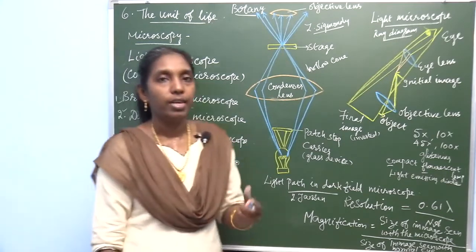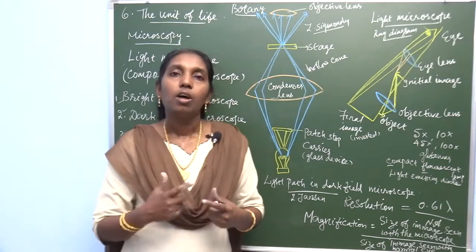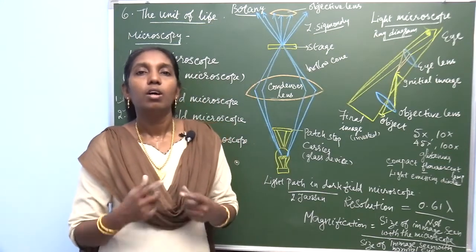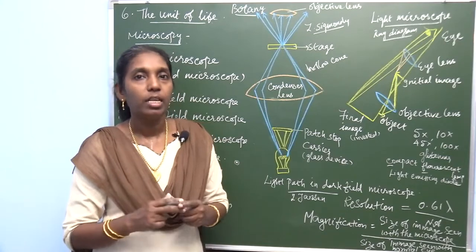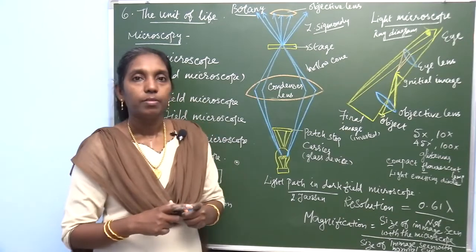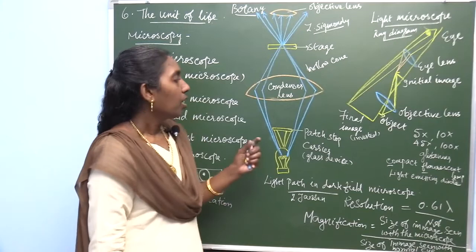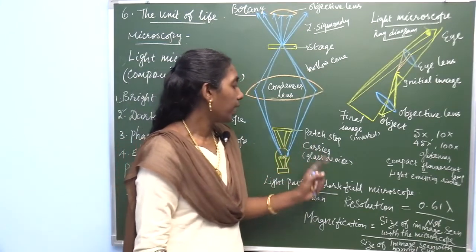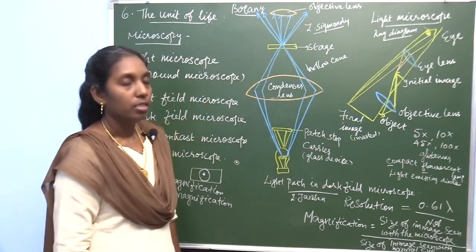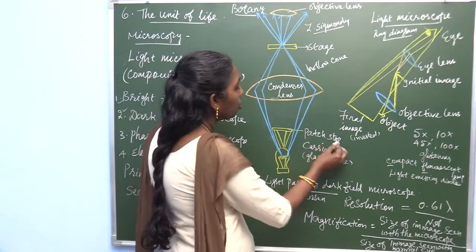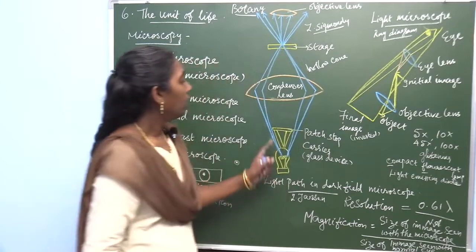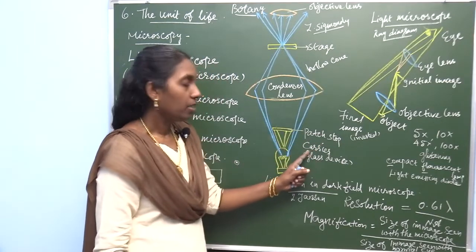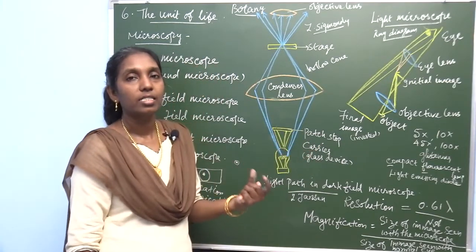Now the dark field microscope. In the dark field microscope, the normal lenses contain a special type of device, called the patch stop carrier. The important point here is the patch stop carrier, which is nothing but a glass device.